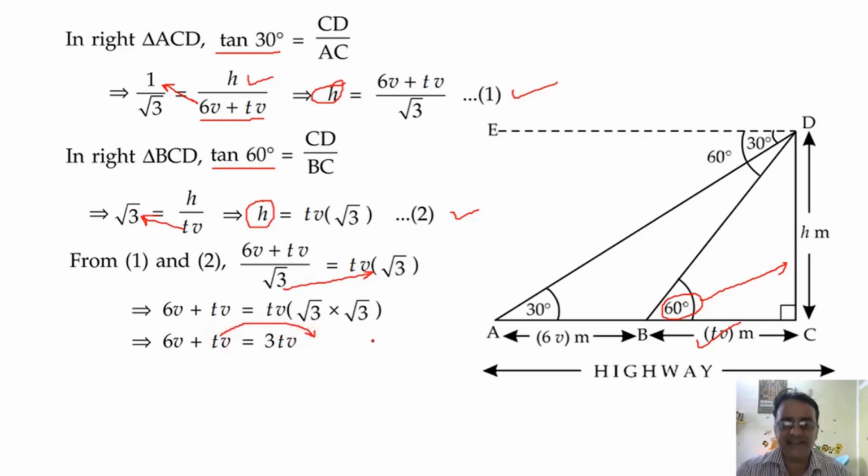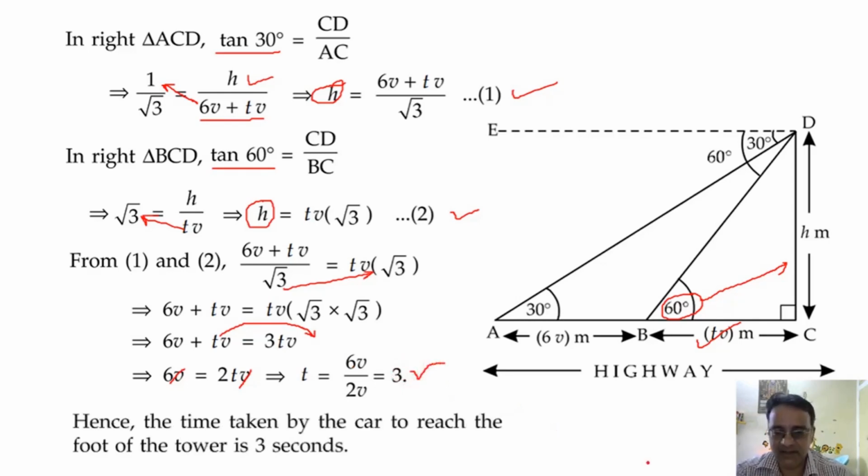It will become minus tv. So 3 times tv minus 1 time tv will become 2tv. अब यहाँ पे ये v और v cancel कर लो. So what is the value of t? 3. Right. So we get t is equal to 3. So hence the required time is 3 seconds. Clear?